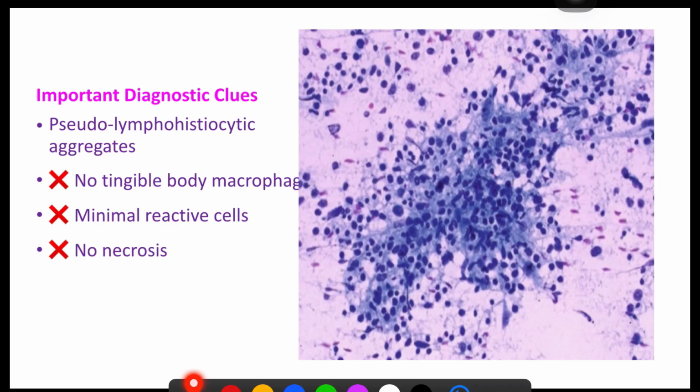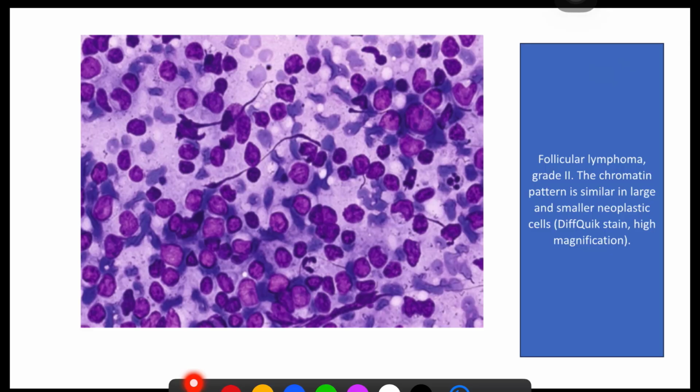In a true histiocytic aggregate there are tingible body macrophages, but in the pseudo aggregate there are no tingible body macrophages, minimal reactive cells and no necrosis. So this is a case showing a pseudo-lymphocytic aggregate where the centrocytes and centroblasts are showing an aggregate in the smear.